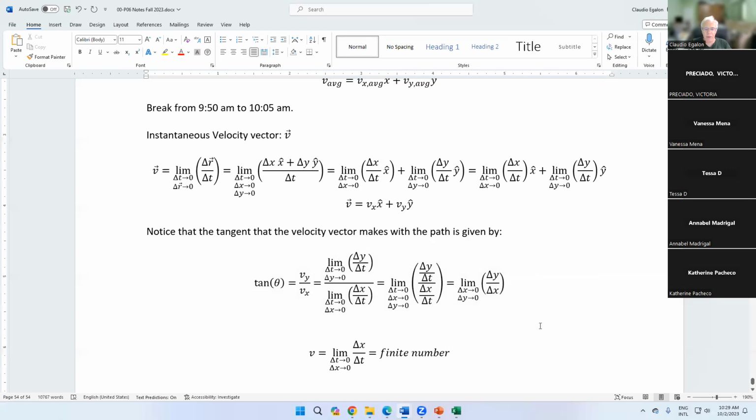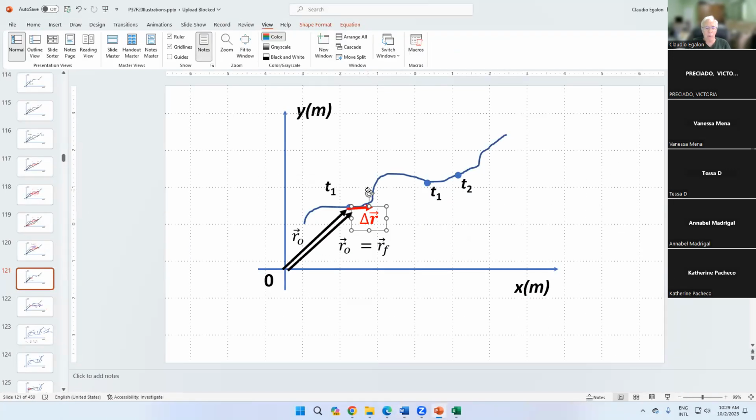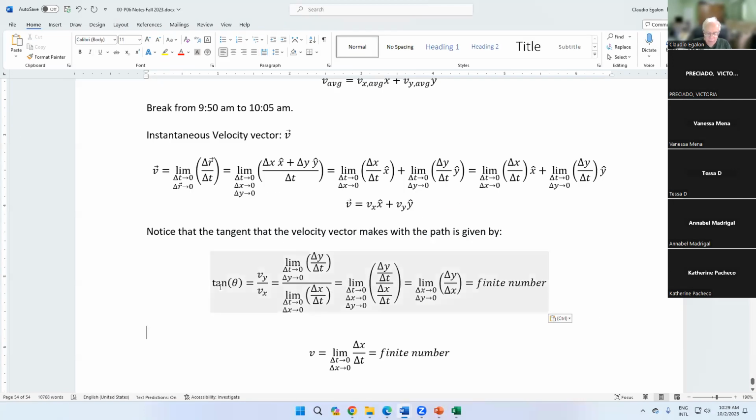Which is nothing but the tangent, right? What you see here is the tangent to that curve. So I prove to you that the velocity vector is tangent to the path of the particle in both ways, both graphically and mathematically. The above means that the velocity vector is tangent to the path of the particle.